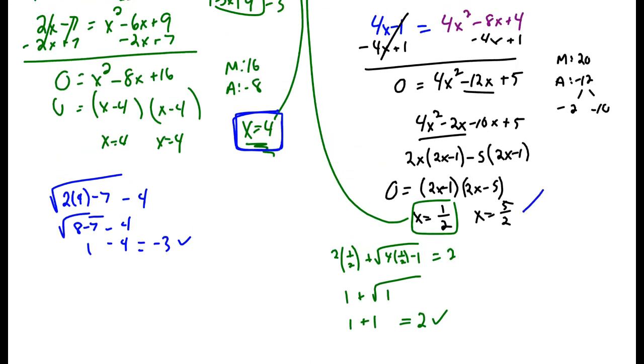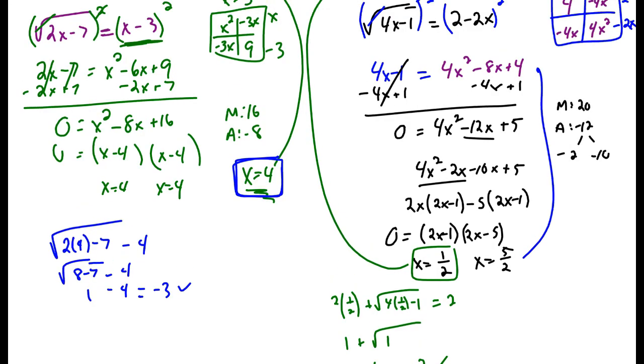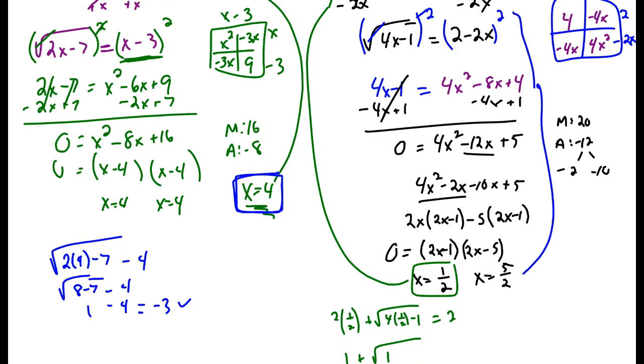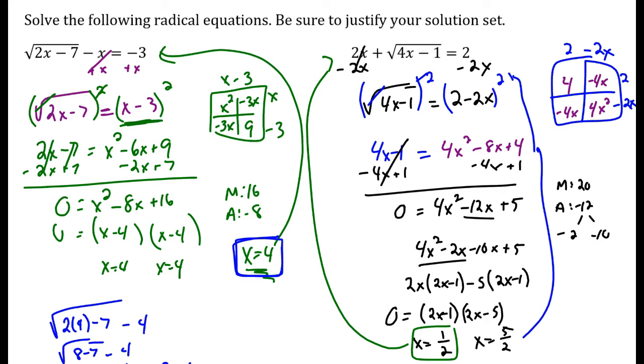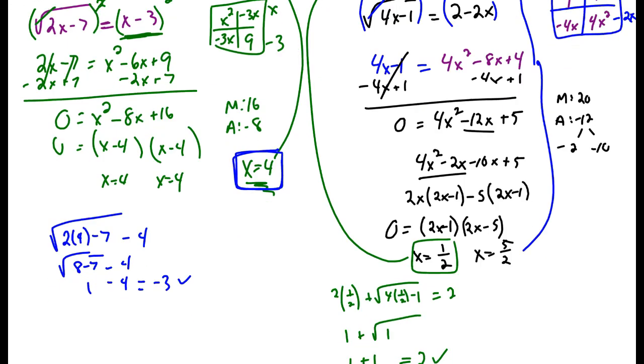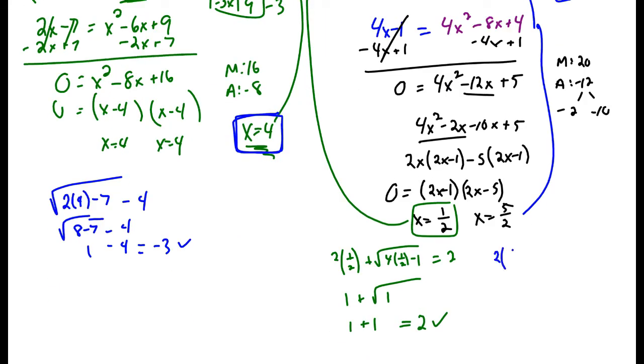Now let's check 5/2. Let's go back and plug that in to the original equation. 2x, so 2 times 5/2, plus the square root of 4 times 5/2 minus 1. Does that equal 2?